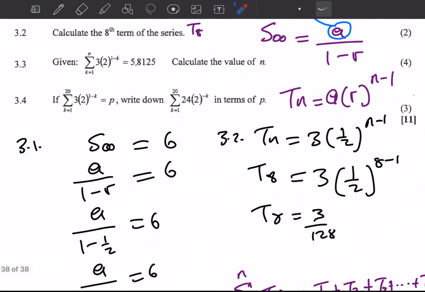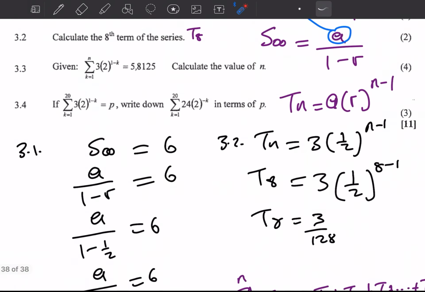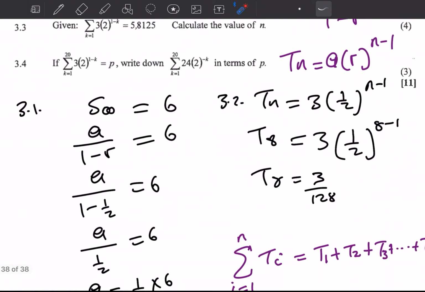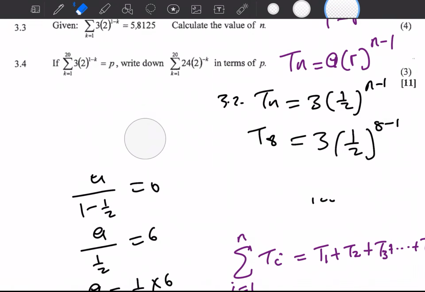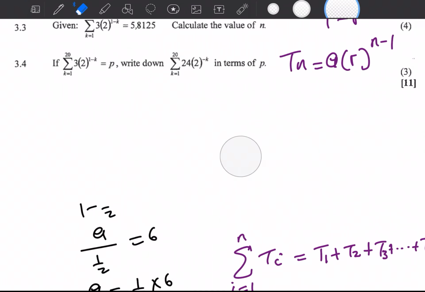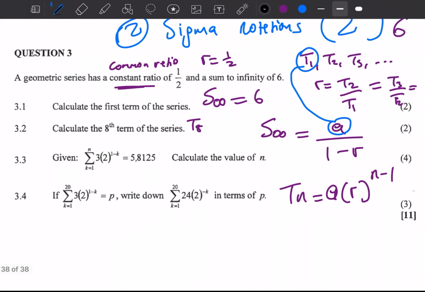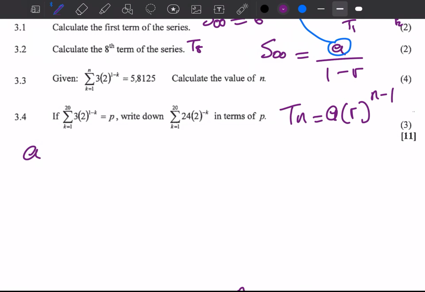So if you have something like this, what does this have to do with everything? I am going to quickly remove all of this and hold on to the thought that a is equal to 3.